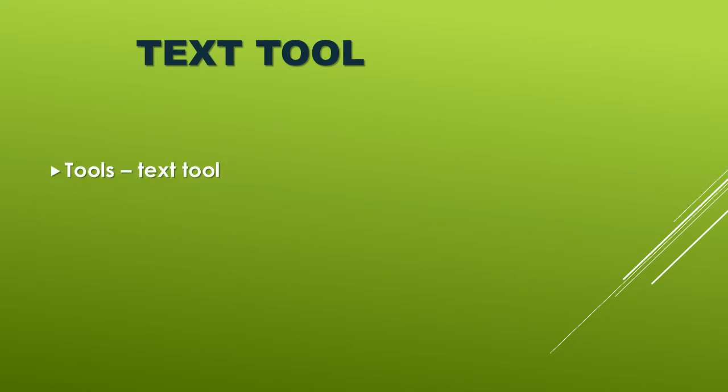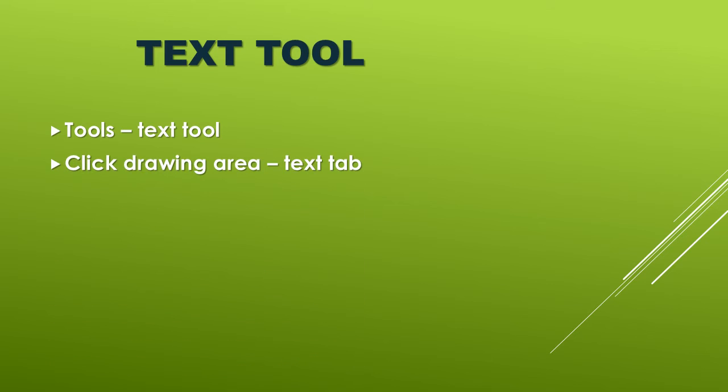For that we need to select the text tool from the tools section and then click the drawing area where you need to type. You click there, and the text tab will open. The text tab will appear in the main toolbar, that means in the drawing area the text tab will appear.